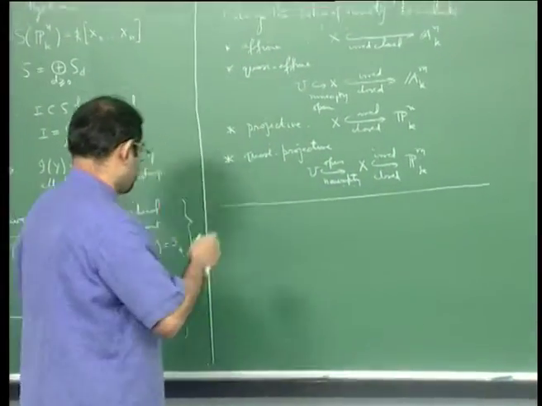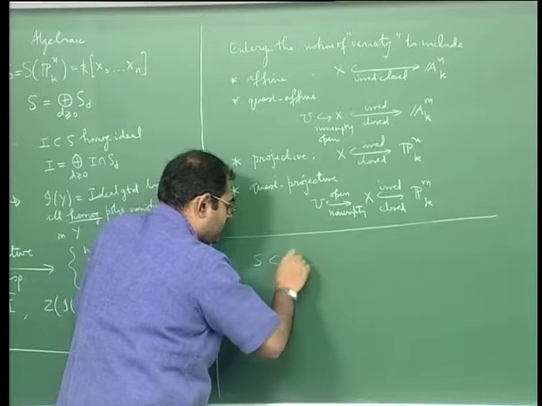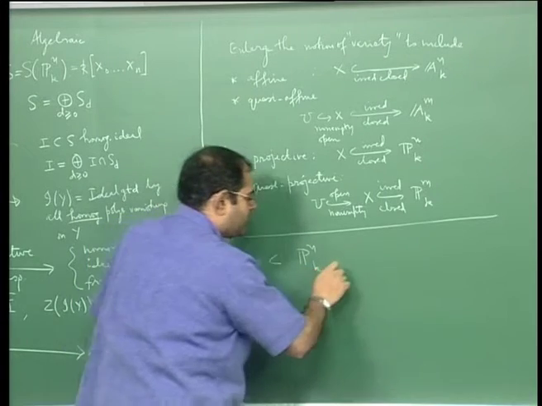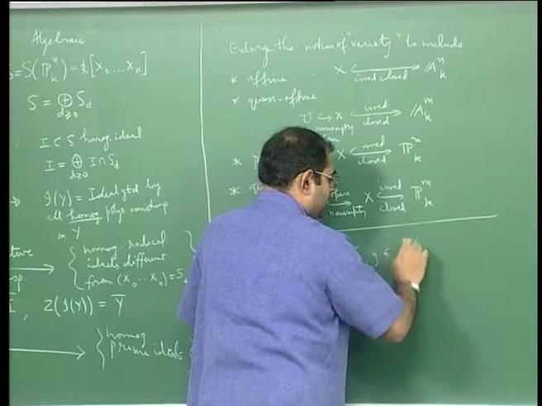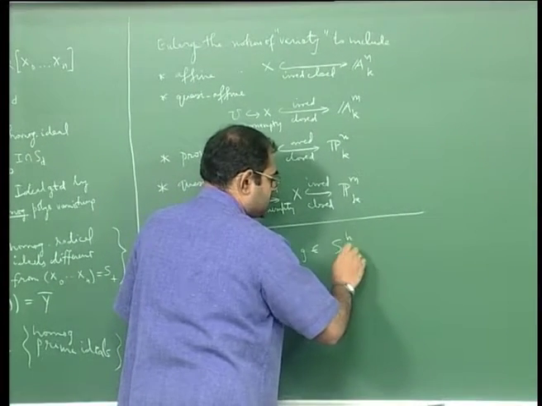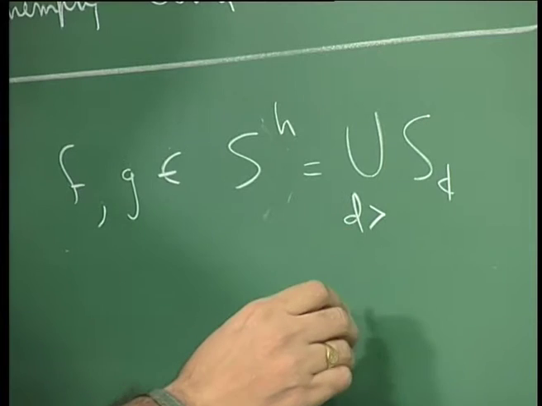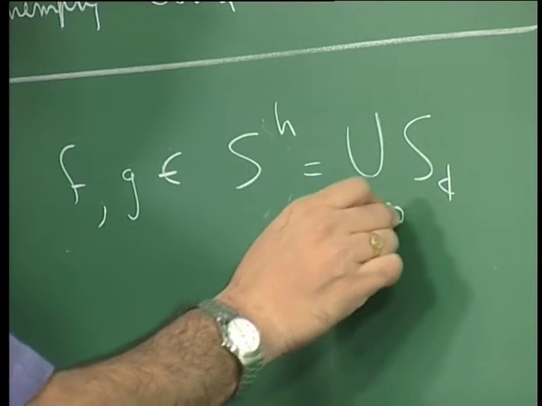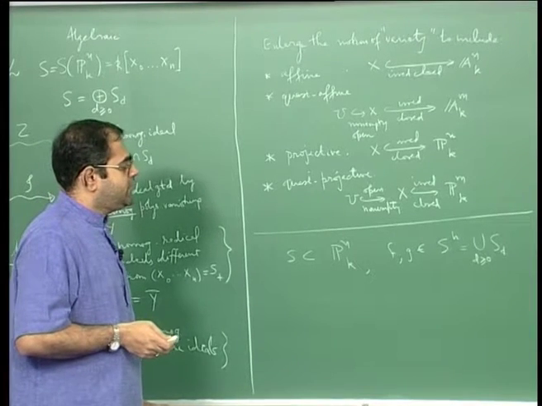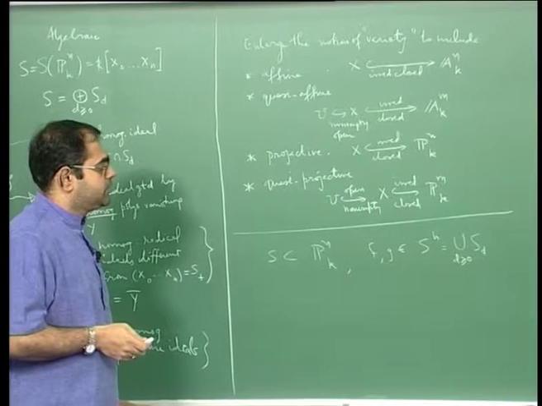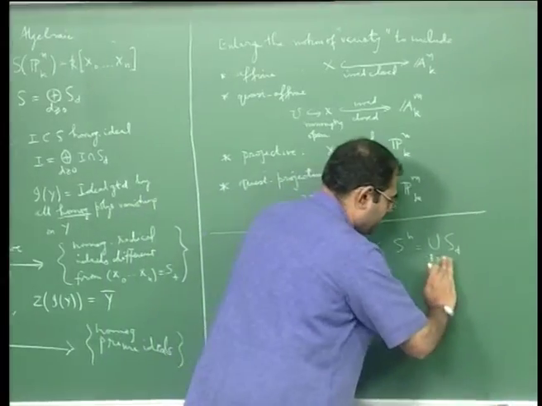So suppose you have a subset S in projective space, and you take F and G in S^h, the union of all the S_d, with d greater than or equal to 1.